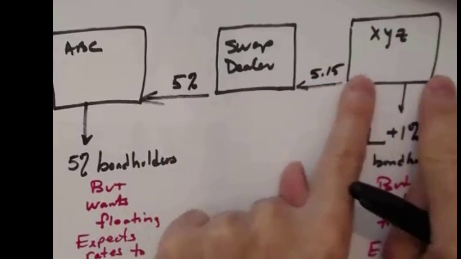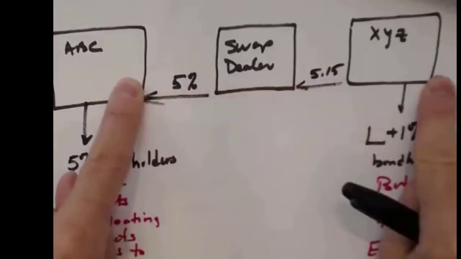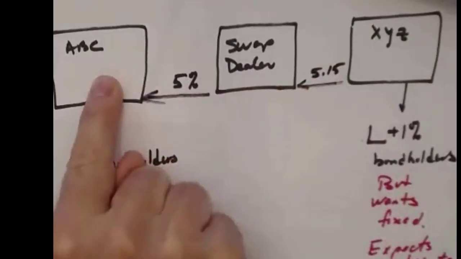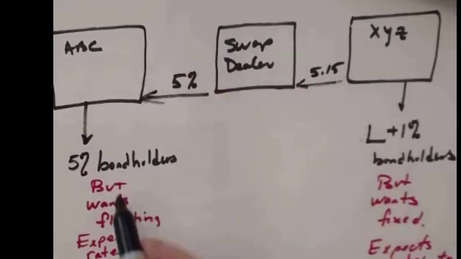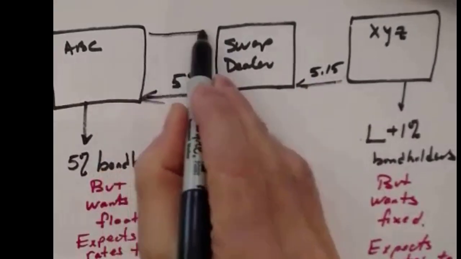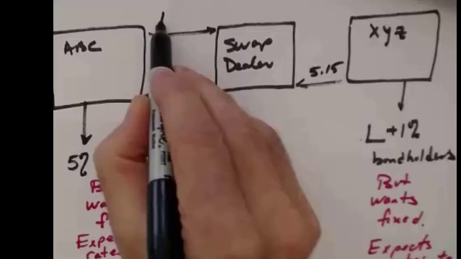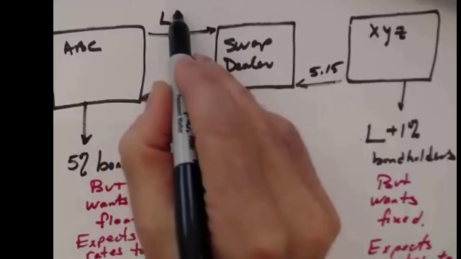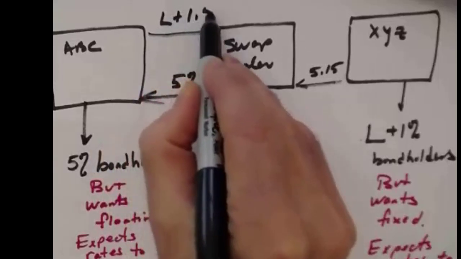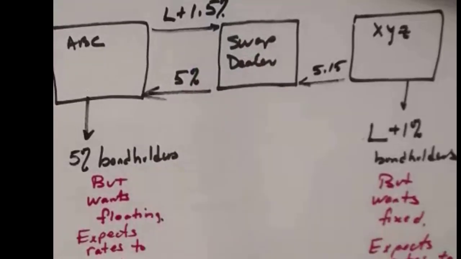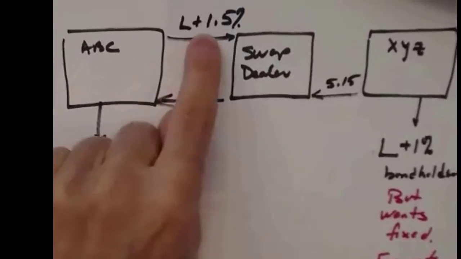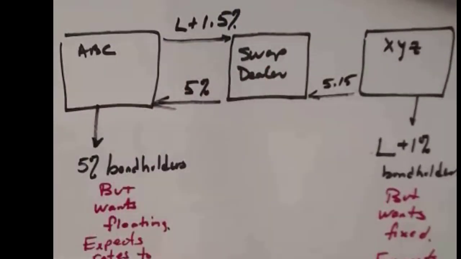So XYZ is paying that fixed rate, and it goes to ABC, and ABC wants to pay floating, so it's going to pay, for example, Libor plus 1.5%. Okay. Now the 1.5% in these interest rates depends on the market conditions at the time, and how things get negotiated.